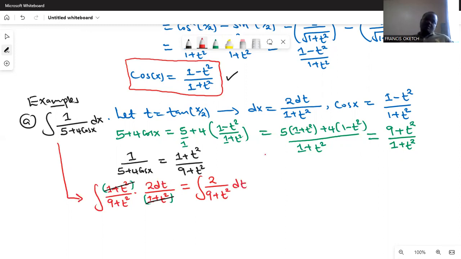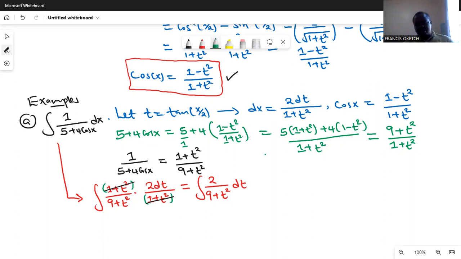That's what we remain with. Now, how do you evaluate such kind of integrals? Where the numerator is a constant, and in the denominator we have a constant squared plus a variable squared. In this case, you are going to make another substitution, a trigonometric substitution.